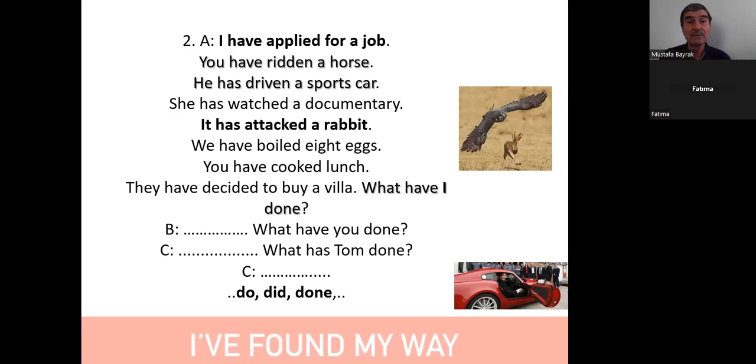Yes, this is 90%. The present perfect tense is this. It is in this picture, in this image. He has driven a sports car. The car has stopped and he is still in the car.